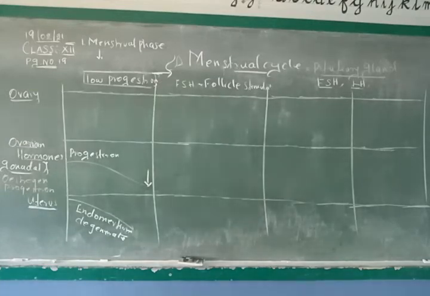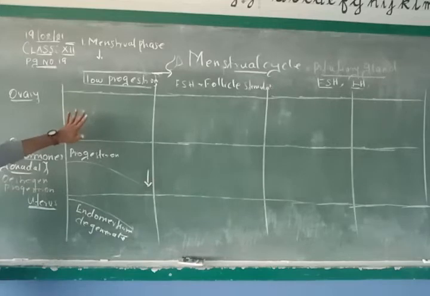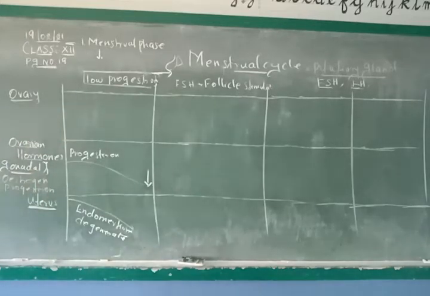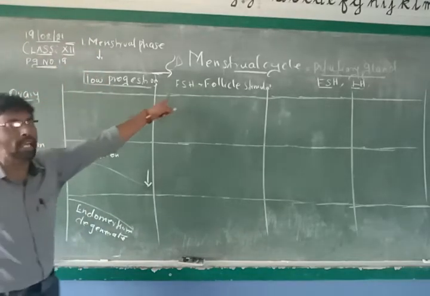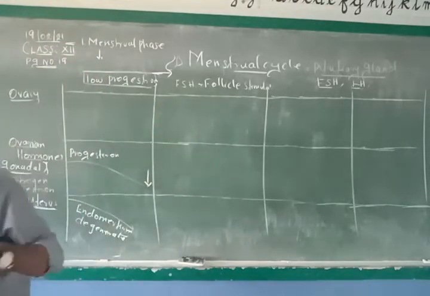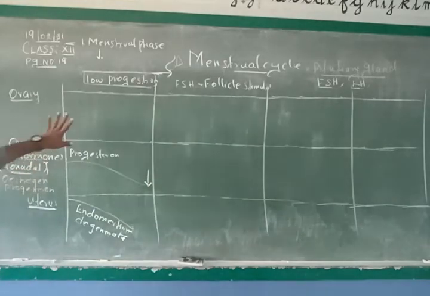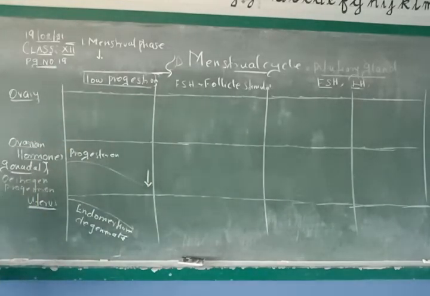So it is indirectly indicated that during the menstrual phase there are no follicles. That is the reason I kept this box empty. In the ovary, we studied that the primary follicle has to convert into a secondary follicle, then tertiary, the Graafian follicle. But now the follicle is only going to begin, so we are not going to talk about follicles.